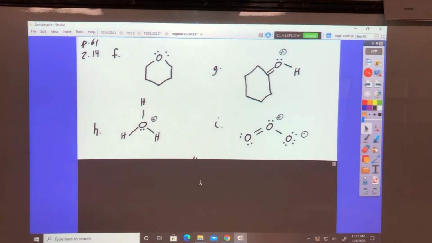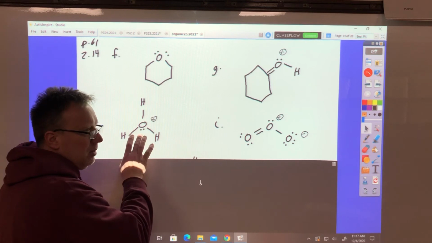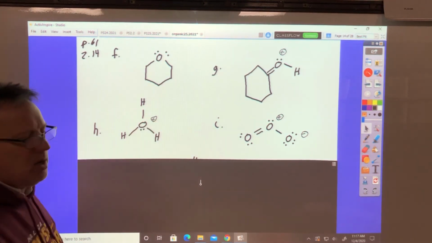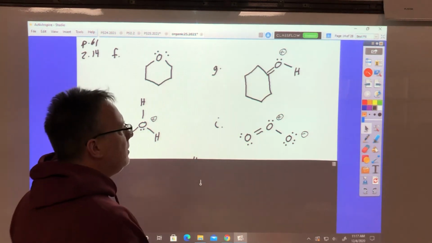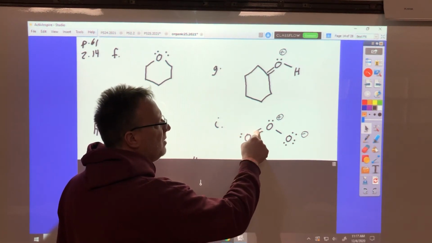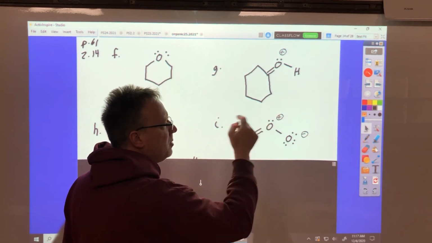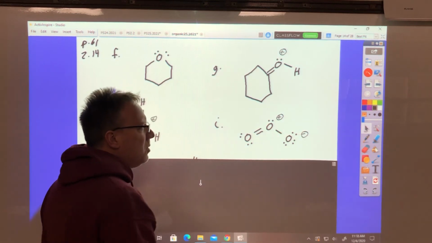H, here's your hydronium again. 1, 2, 3, 4, 5. So oxygen still is short of valence electrons, so it's got a positive formal charge. I. 1, 2, 3, 4, 5, 6, that one's good. 1, 2, 3, 4, 5, that's short one, so it's positive. And 1, 2, 3, 4, 5, 6, 7, that has an extra one, so it's negative.